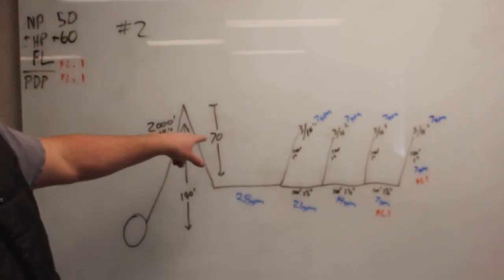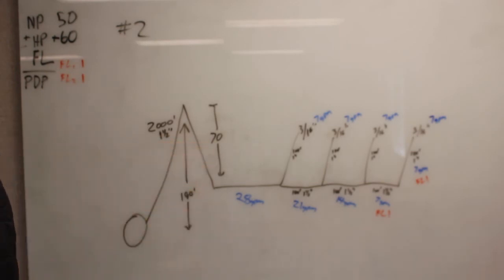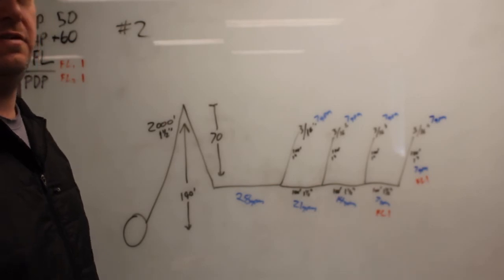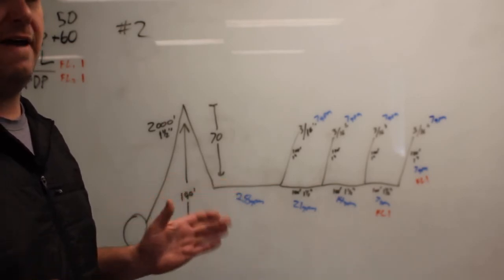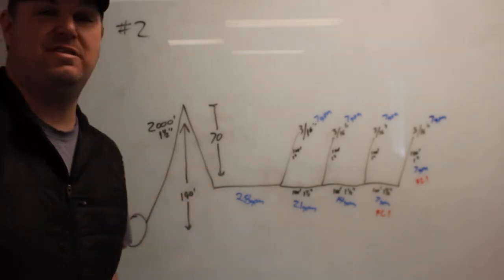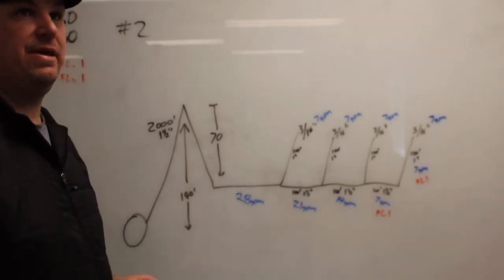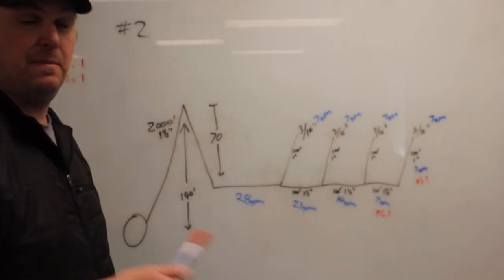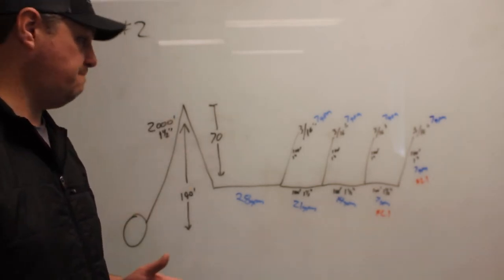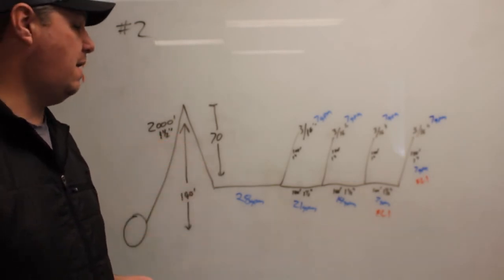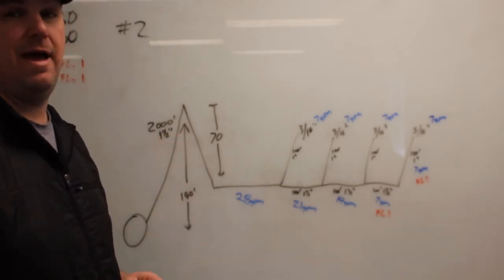If it's less than 1 psi of friction loss over, say, 2,000 feet, me saying 0 is probably not accurate because there is some friction loss in there. And it's going to add up, and I'm going to have to overcome it. But me saying 1 probably isn't accurate either, because I'm overestimating my friction loss needs over this huge, long chunk of hose lay.